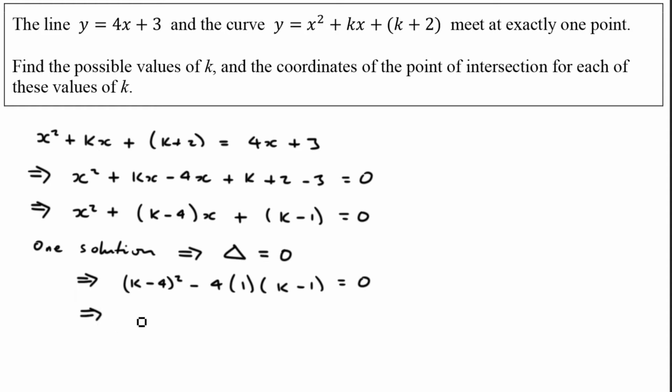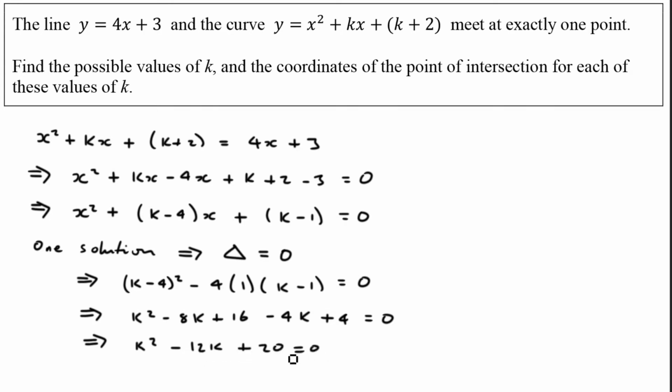So let's expand. k squared subtract 8k plus 16. And from the second term, subtract 4k plus 4. All of that is 0. Simplifying, we have that k squared subtract 12k plus 20 is 0.